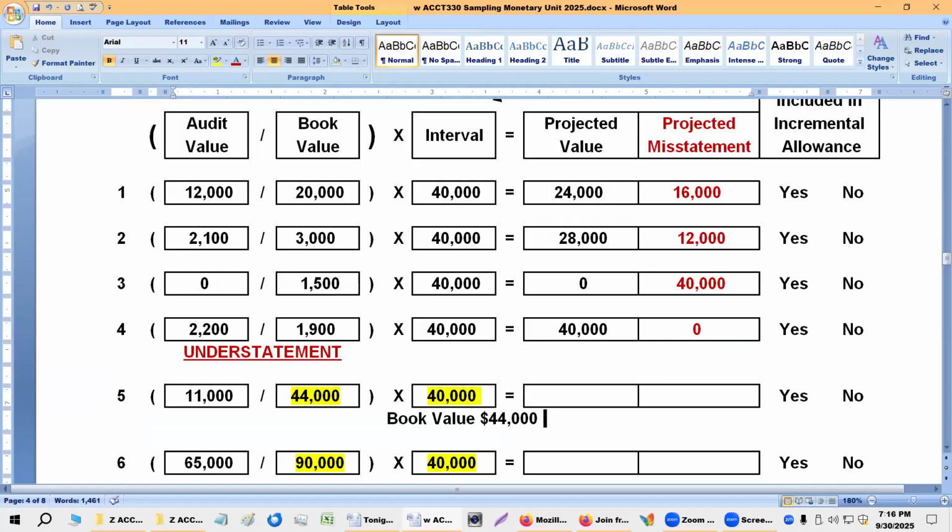And I'm going to subtract the audit value of 11,000. And so this will get our actual misstatement of 33,000.